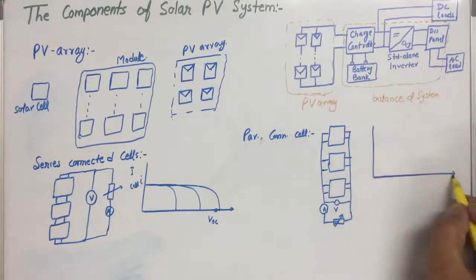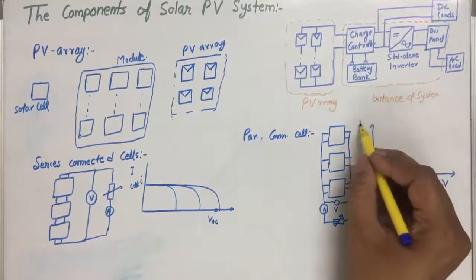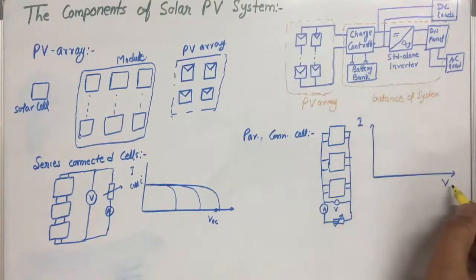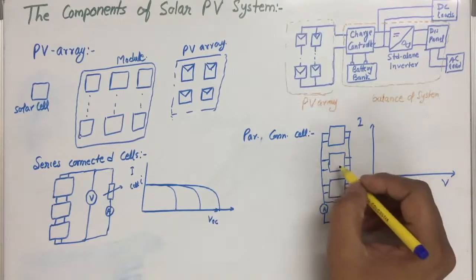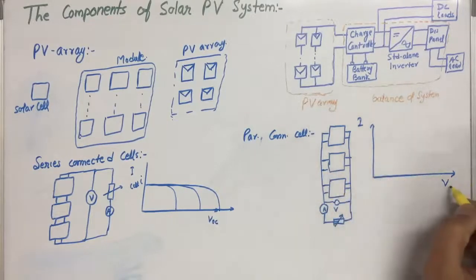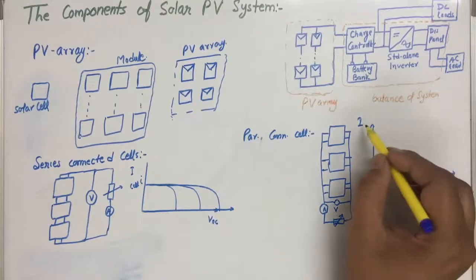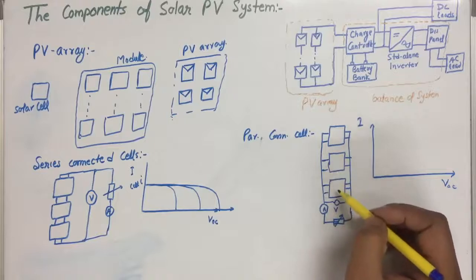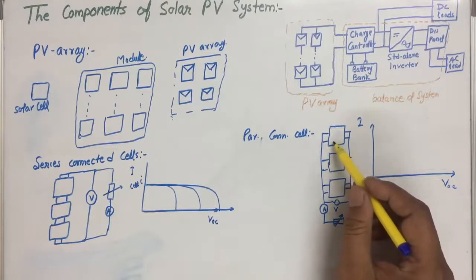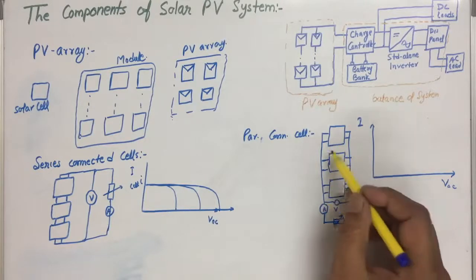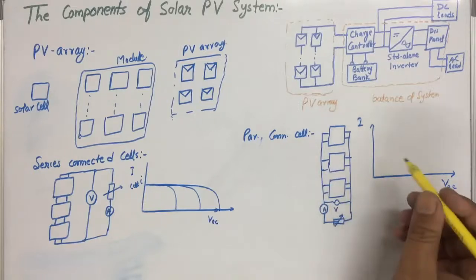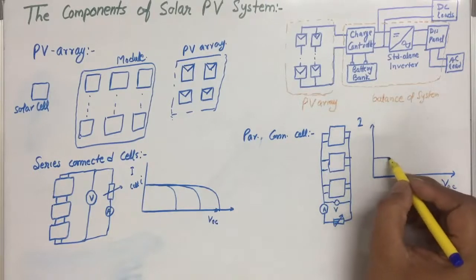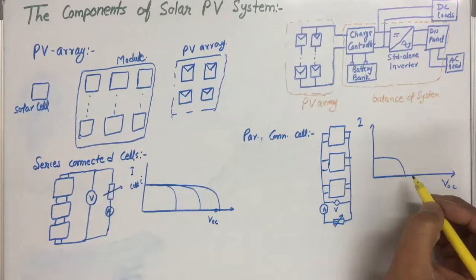in that case we will find the V and I characteristics will be like this: one cell, another cell, third cell, open circuit voltage, short circuit current. If there is one cell, in that case the current of this and the terminal voltage of approximately 0.6 volt will be there.